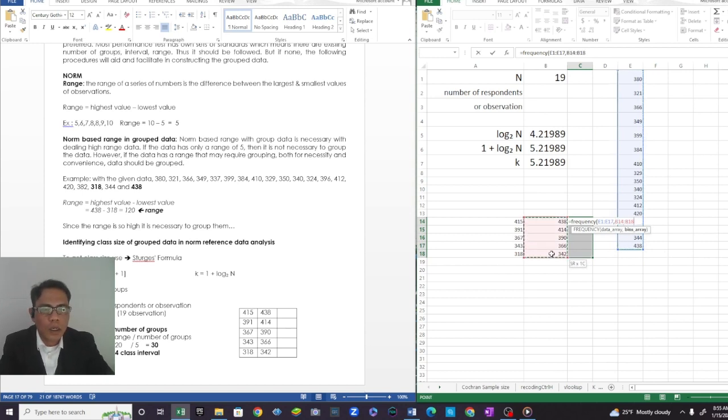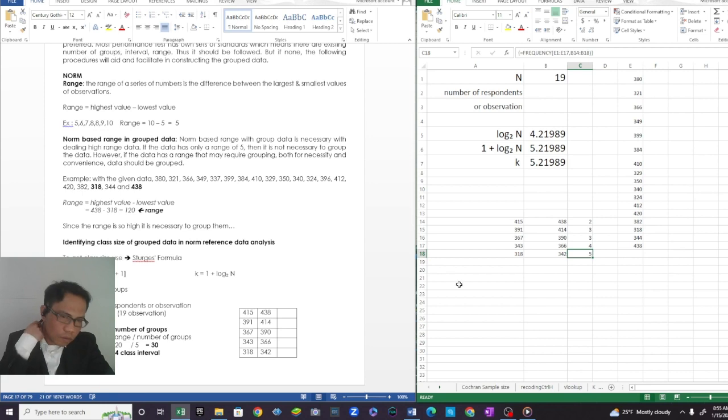And we click on the higher range. So that's it. We have five responses or scores within the interval of 318 to 344.